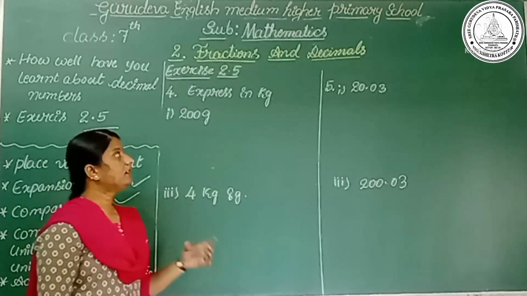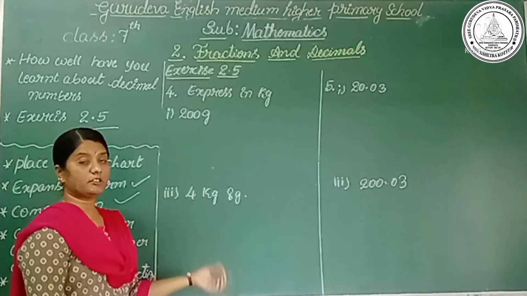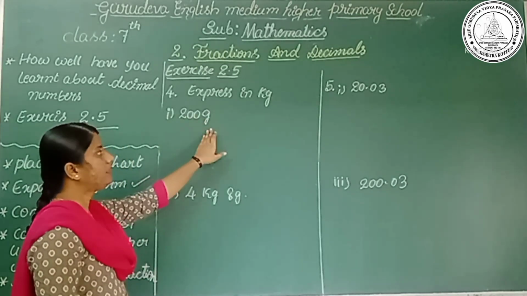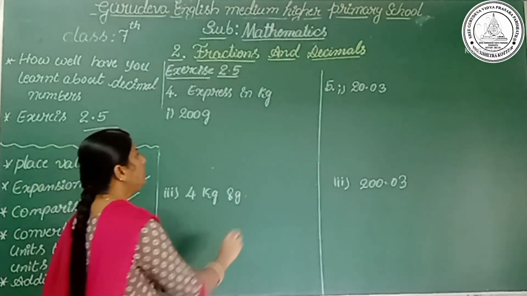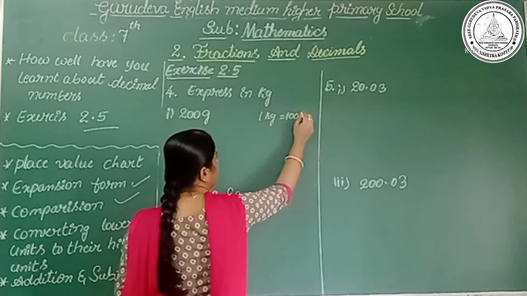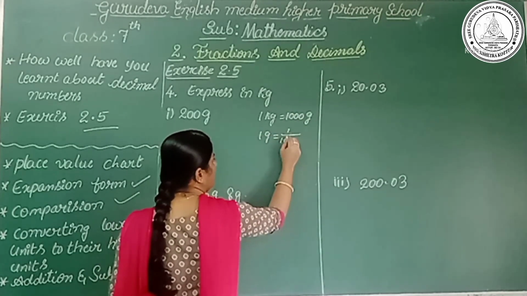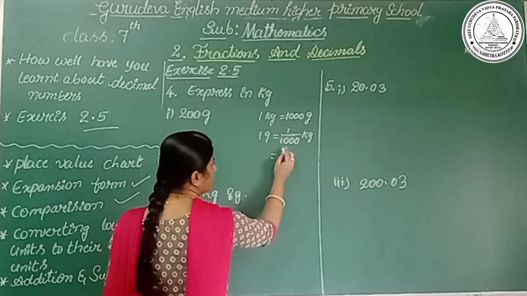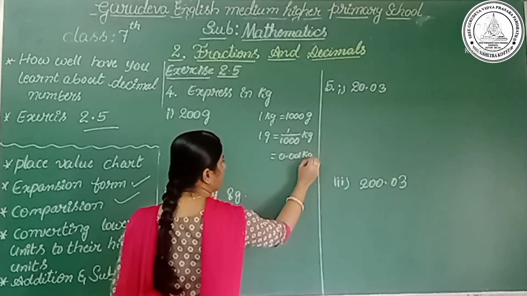The next part is the third way, express in kilograms. Here they have given 3 problems. I have taken 2 different ones. The first one is 200 grams. So 200 grams is equal to how many kgs? We know that 1 kg is equal to 1000 grams. Then 1 gram is equal to 1 by 1000 kg, which is 0.001 kg.